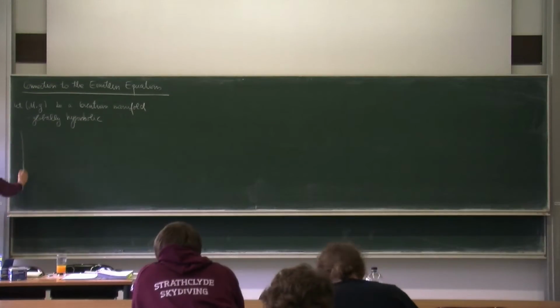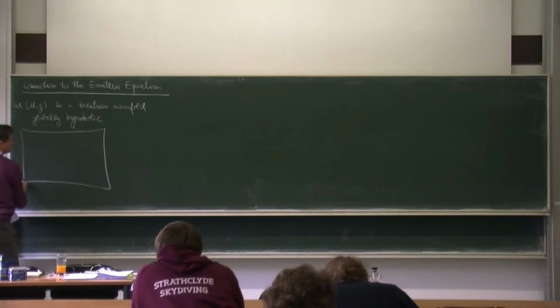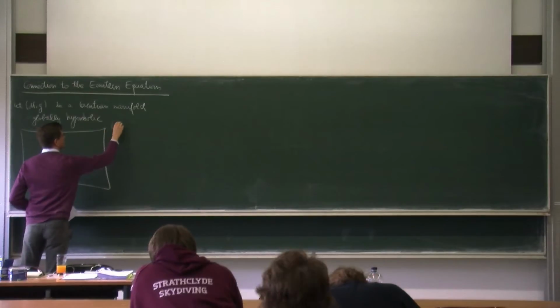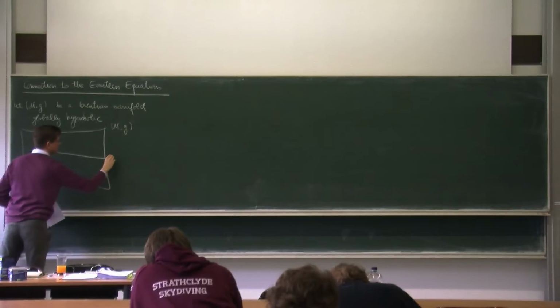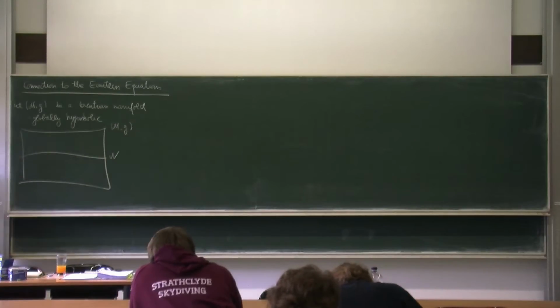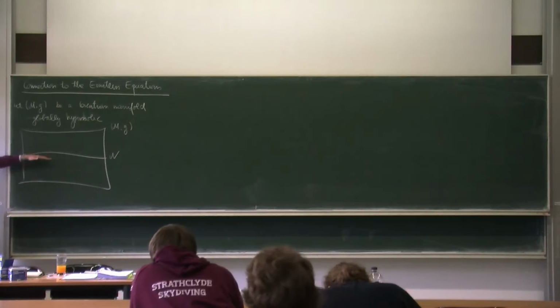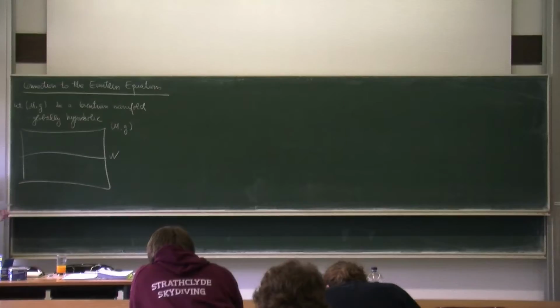So this means that if this is our space-time, there is a Cauchy surface N, and Cauchy surface means that if we take any initial data on N, then there is a unique solution of the Dirac equation to the future and to the past.